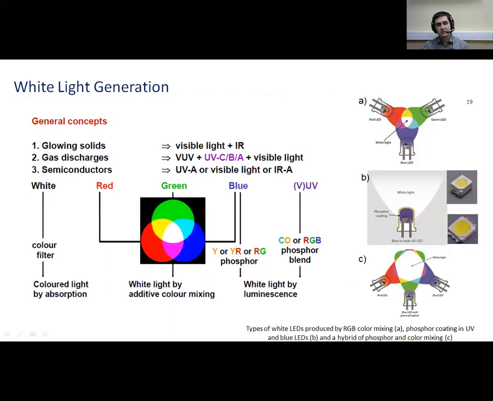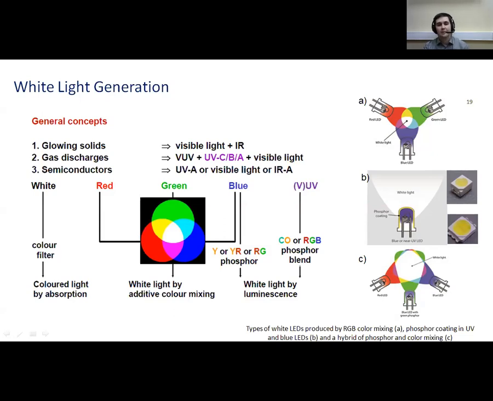Using LEDs especially, or maybe some other approach, of course we can use filters. For example, if we have a white light source, we put filters in and cut some colors from the white light through the absorption process, keeping the colors which you need.